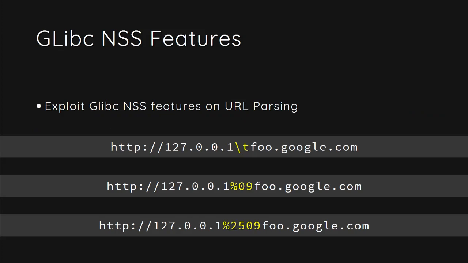Okay, let's talk about how to exploit these features on URL parsers. URL parsers might recognize the whole authority part as the hostname, but HTTP requesters still fetch 127.0.0.1.